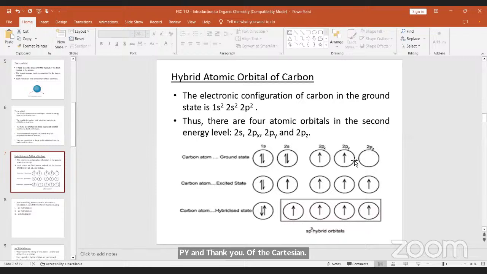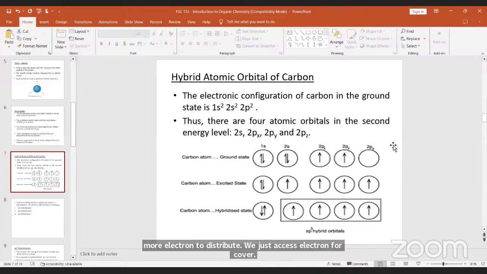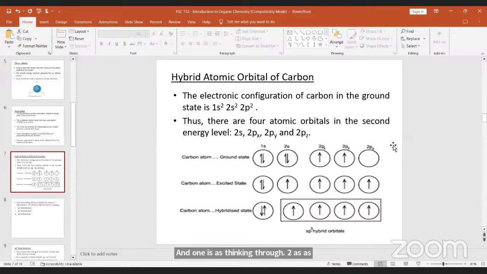So therefore, we only have 2 electrons left. One of the electrons will go into the 2px, another goes into the 2py, and the 2pz is empty because there are no more electrons to distribute. We just have 6 electrons for carbon. And 1s has taken 2, 2s has taken 2, then px will take 1, py will take 1, and pz none.